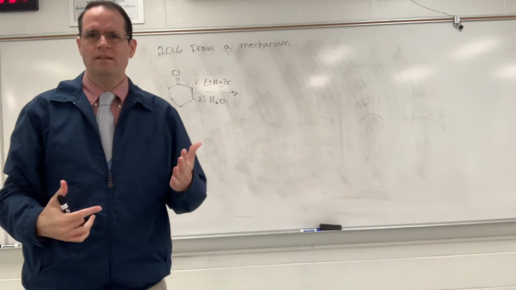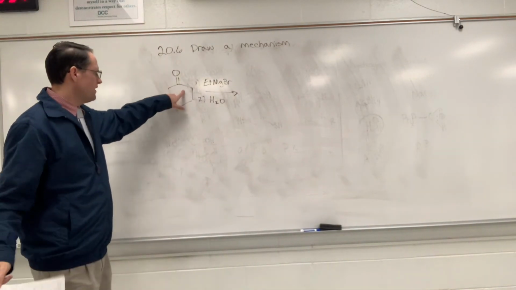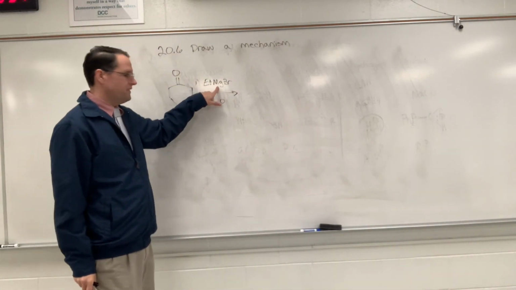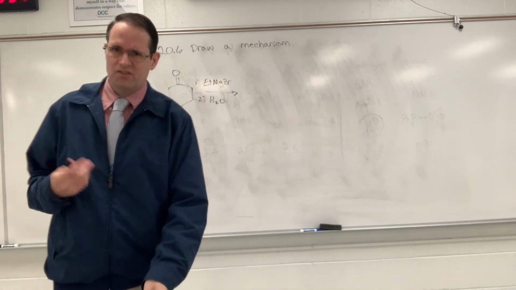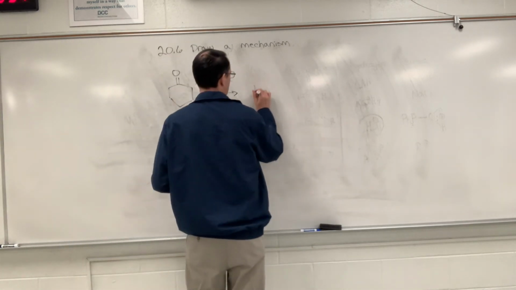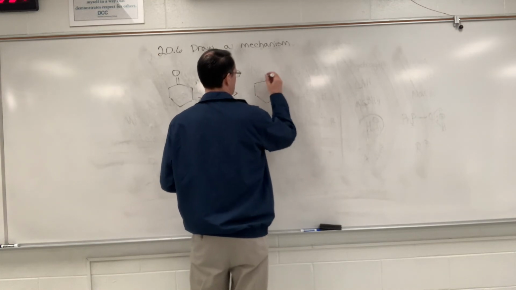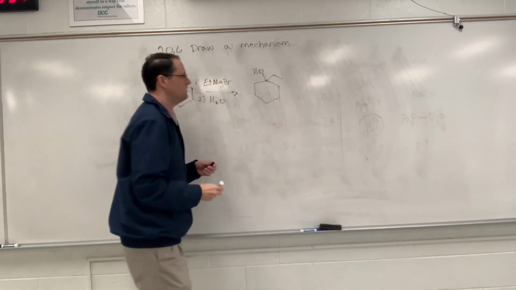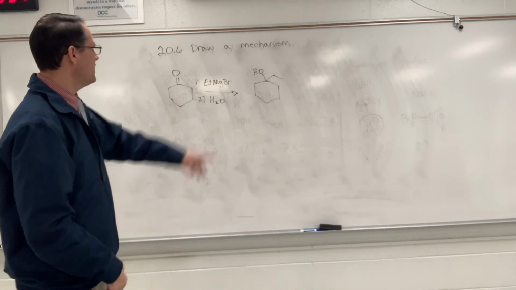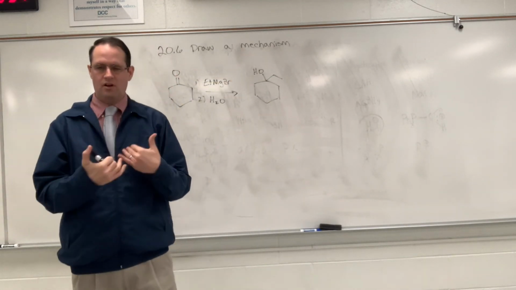In problem 1, we have cyclohexanone. We want to treat that with ethyl magnesium bromide, water, and the products for that are ethyl cyclohexanol, 1-ethyl cyclohexanol.